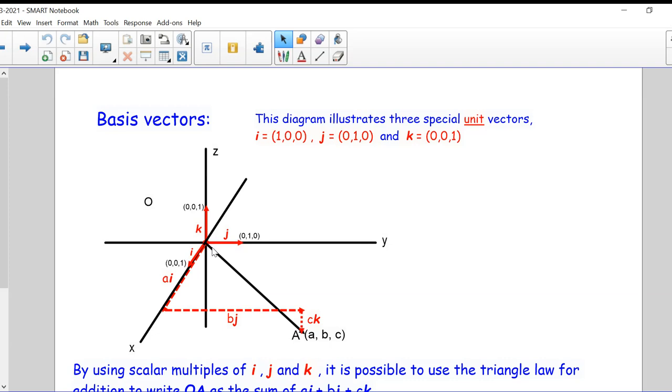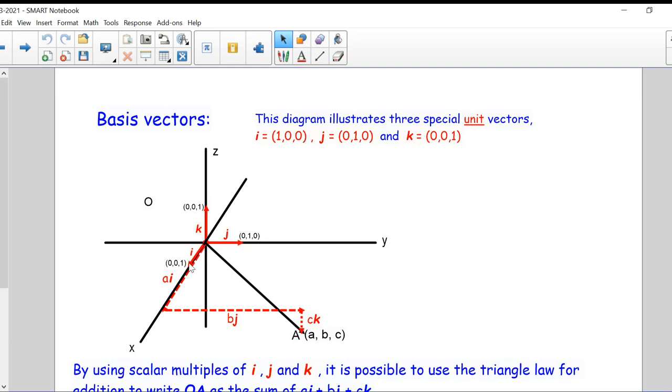So the i vector is still the one that runs along the x-axis, and it's 1, 0, 0. Now we have triples to represent each vector. There's an x coordinate, a y coordinate, and the third one is a z coordinate. So this 1, 0, 0 runs 1 along the x-axis, 0 along the y, and 0 along the z.